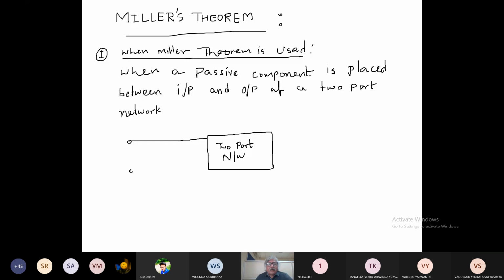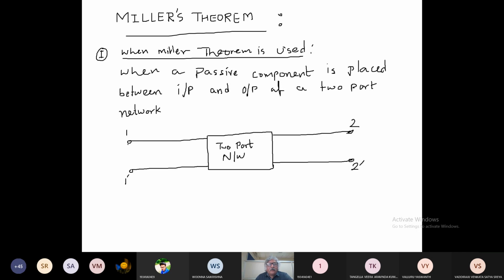Here this is the input port, suppose I call it 1 dash, and here we have output port 2 dash.